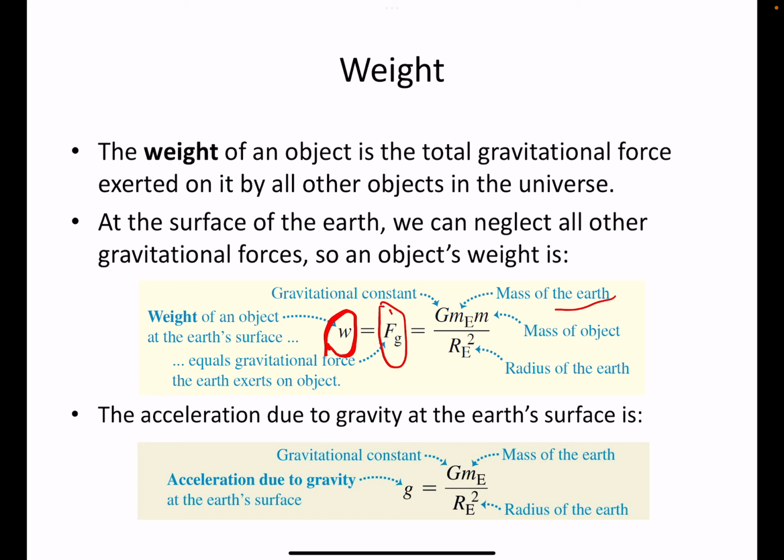We need to use the mass of the Earth, the mass of the object, and the radius of the Earth to do this calculation, and we would find the g that we are familiar with, which is 9.8 meters per second squared on the surface of Earth. This acceleration is calculated from the gravitational constant G, the mass of the Earth, and the radius of the Earth.